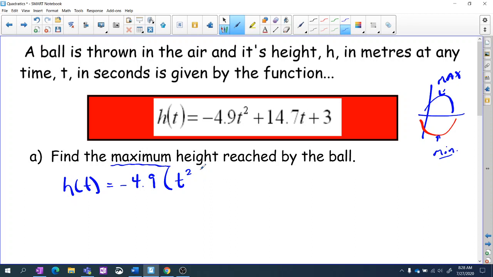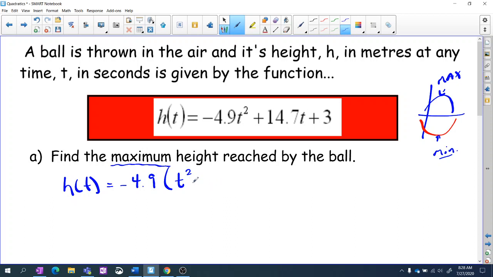So I'm going to factor out my negative 4.9. I'm going to take 14.7, divide that by a negative 4.9, and it goes evenly 3 times.